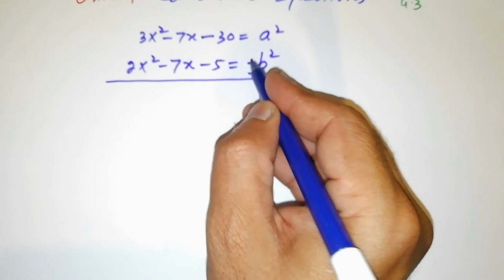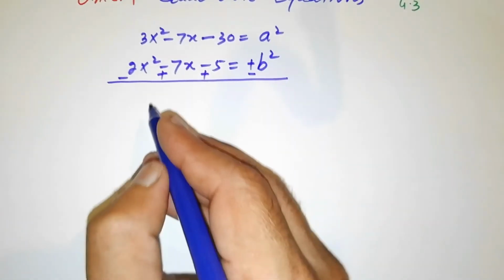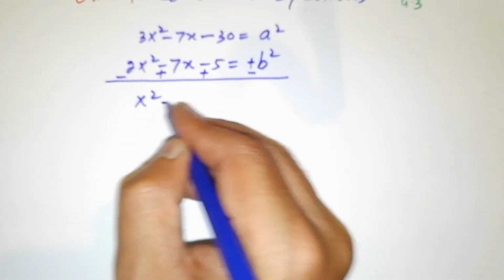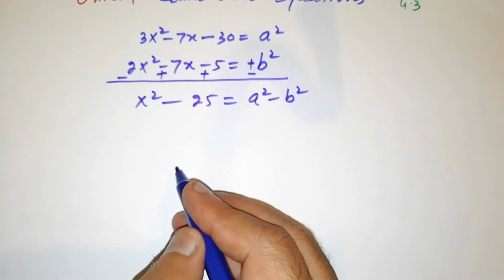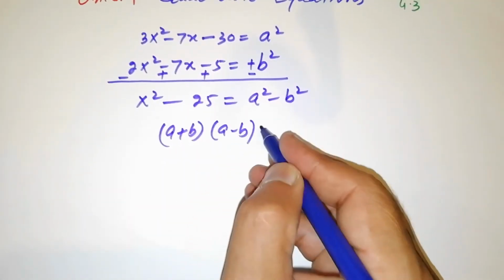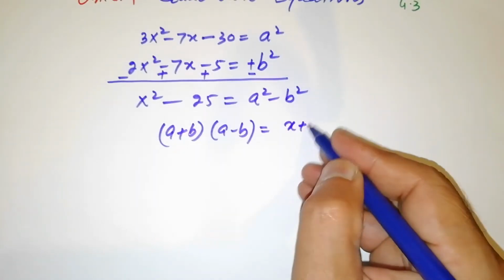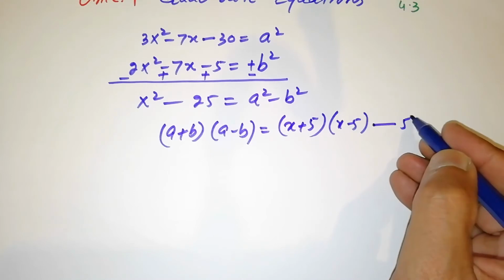In this way we have x square minus 25 equal to A square minus B square, which can be written as A plus B into A minus B. This is equal to x plus 5 and x minus 5. This is equation number 5.